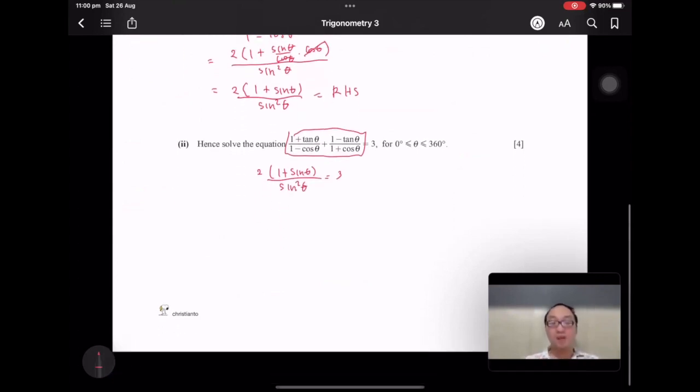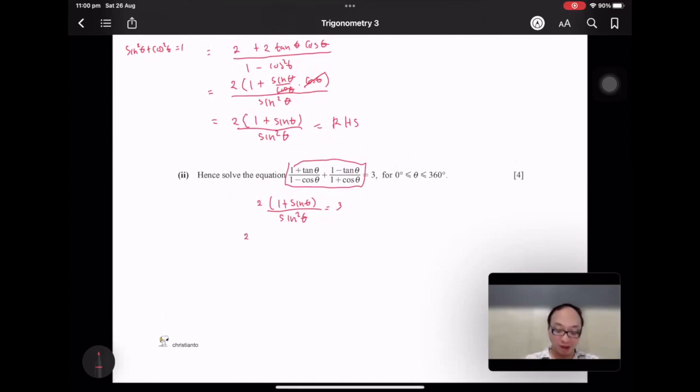And then do the cross multiply. So 2 plus 2 sine theta equals 3 sine squared theta. And then reduce it to the quadratic equation: 3 sine squared theta minus 2 sine theta minus 2 equals 0.